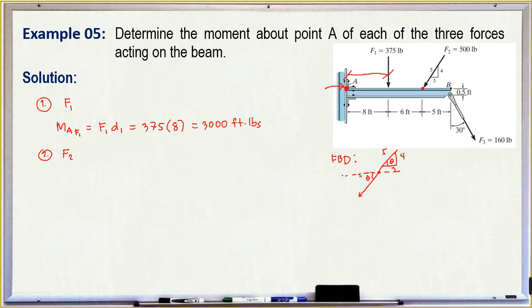If this is our F2, it has components along the vertical, FV, and along the horizontal, FH.